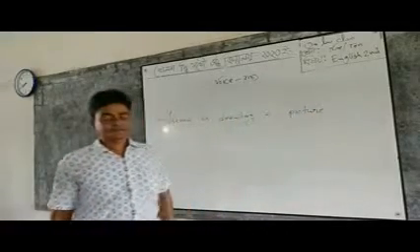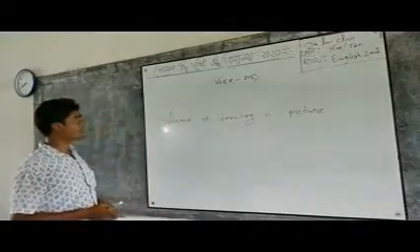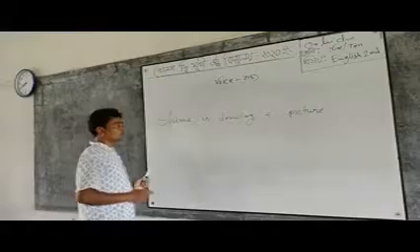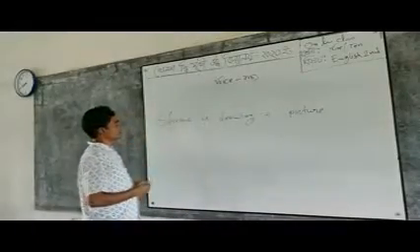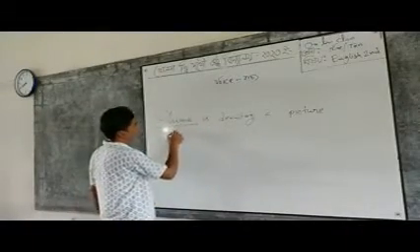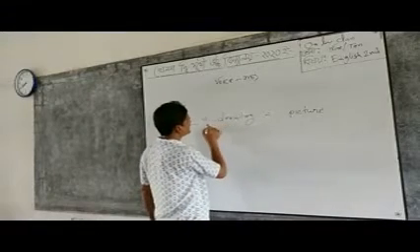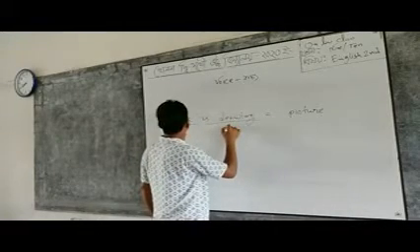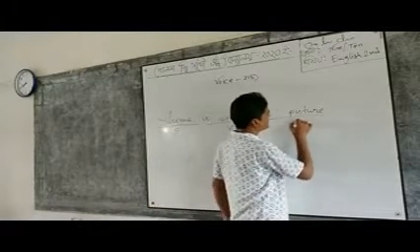If we want to change the voice from active to passive, at first we should identify what is subject, what is verb, and what is object. In the sentence, we identify that Shima is a subject, is an auxiliary verb, drawing is a main verb, so we underline as verb, a picture is object.